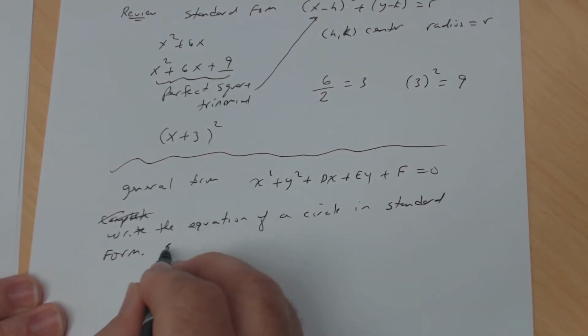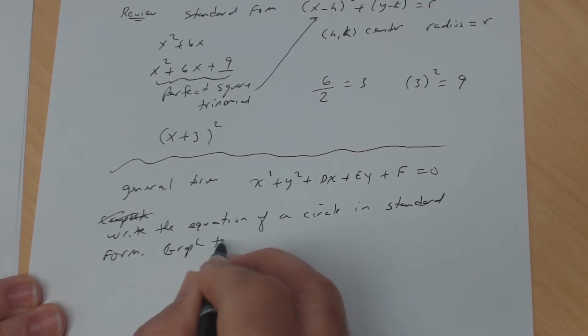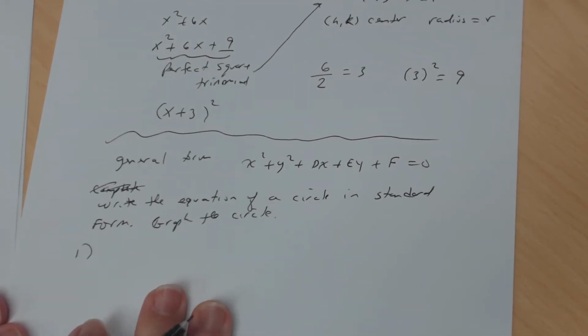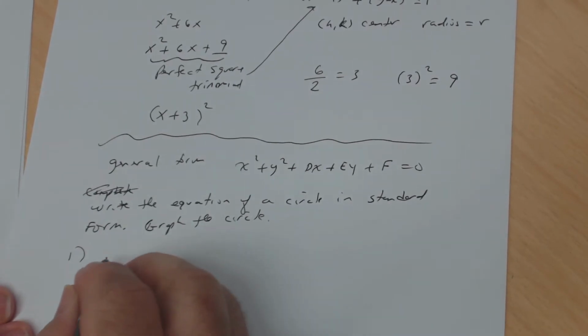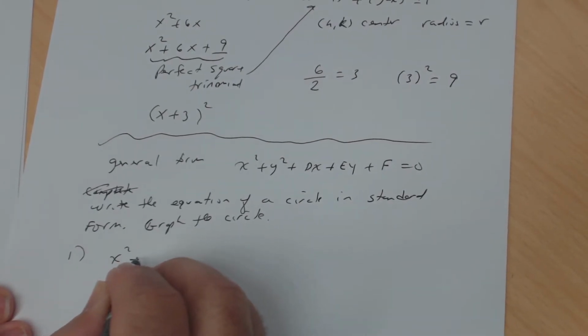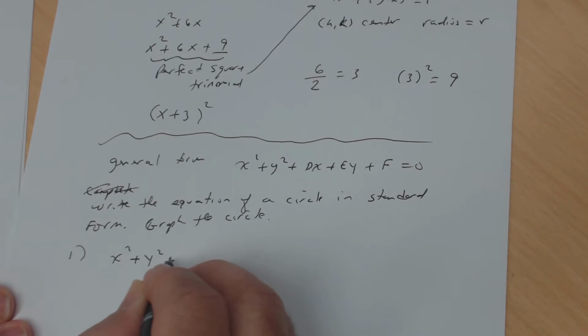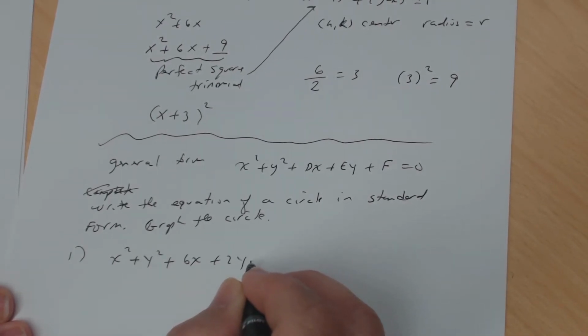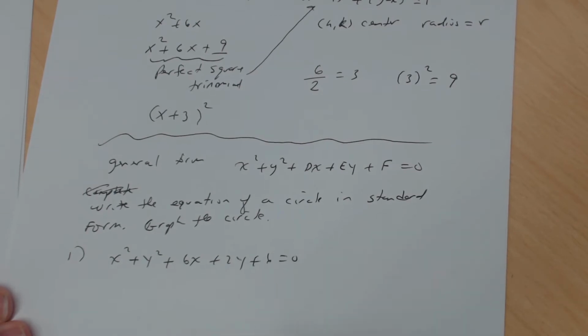Then graph the circle. Okay, so number 1. Let's suppose we had x squared plus y squared plus 6x plus 2y plus 6 equals 0.